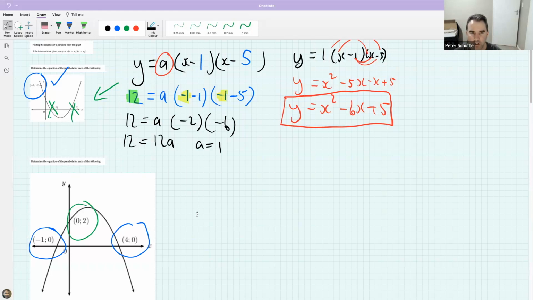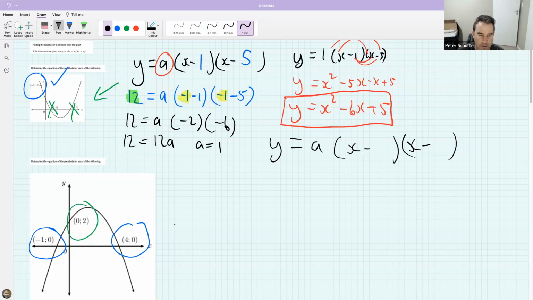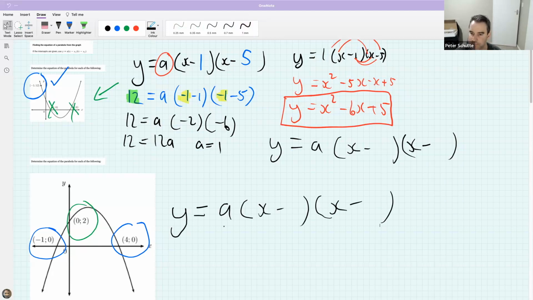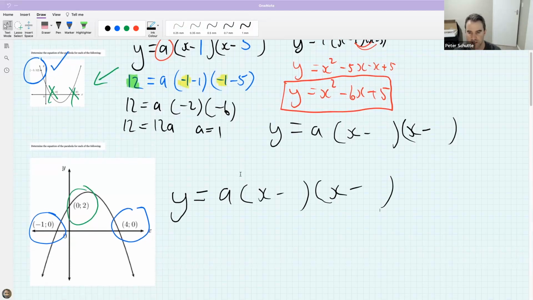Okay, Ongani's asked me to re-explain. So Ongani, what I do is I start by writing out the format that I know I'm going to have. In the first one, it's basically that. Then I go look for my x-intercepts. So in the second example, what do you think is going to go in those blank spaces, based on what you see there?